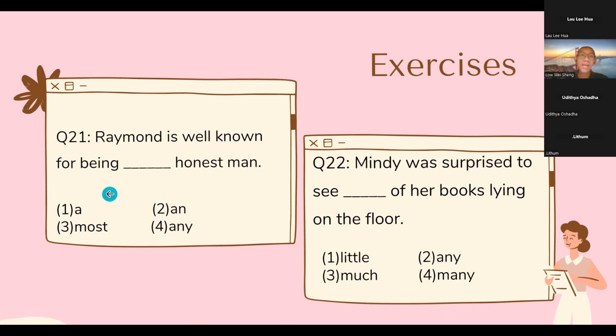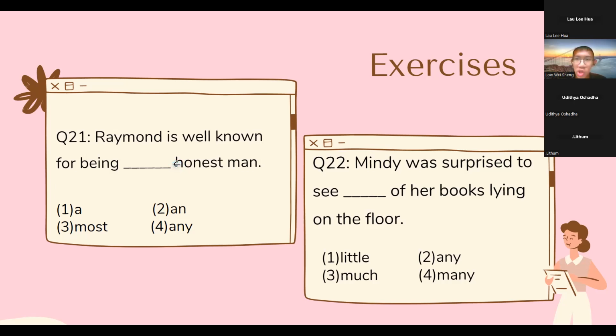So I believe a lot of people will pick "a" because they see the H. But what you need to remember, and this is something you kind of have to memorize, is that for the word "honest," the H is silent. You pronounce it as if the H is non-existent, like O-N-E-S-T.